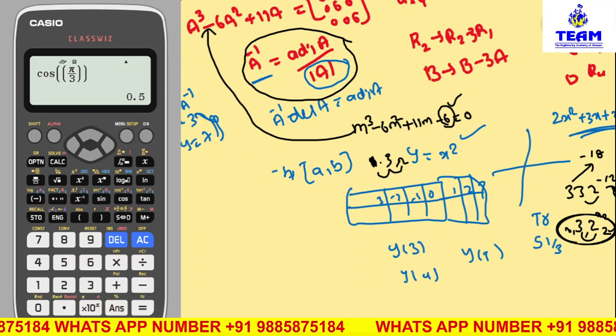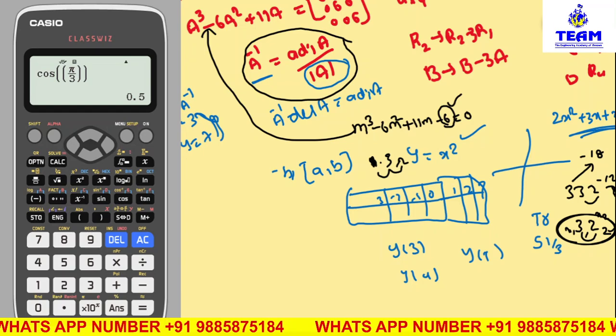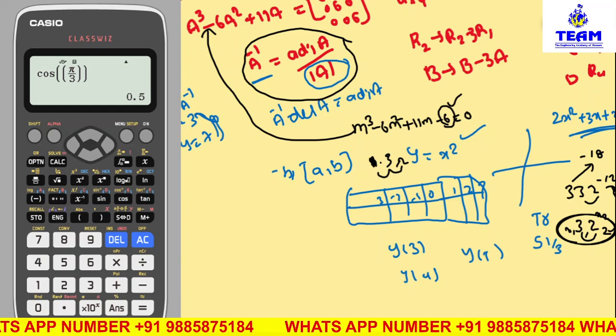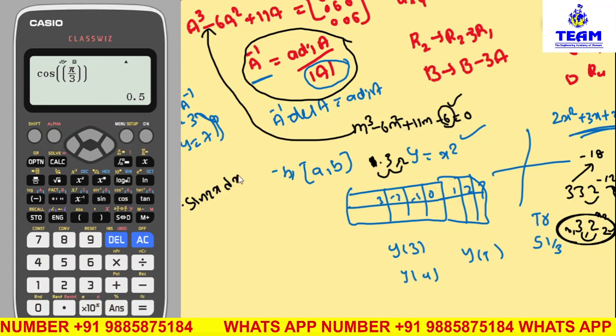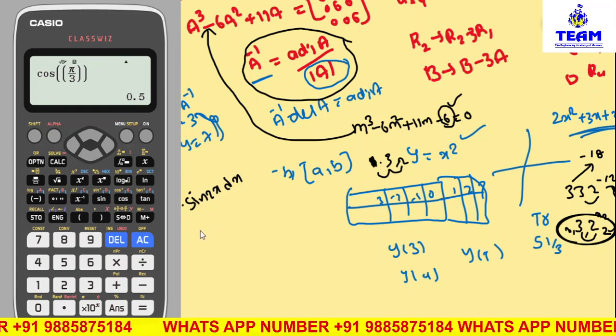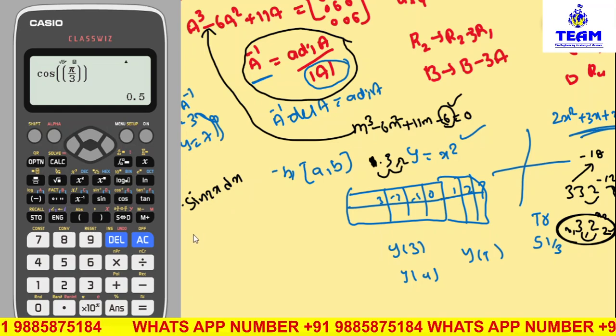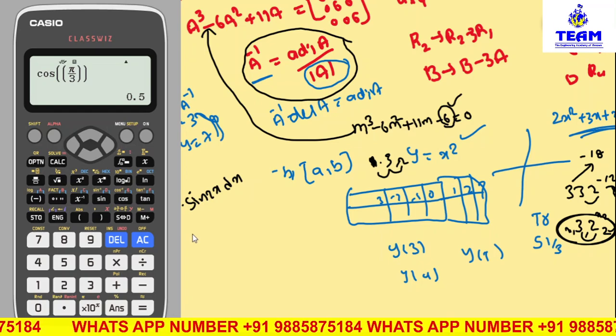You see, friends, the integral from 0 to pi by 2 of cos x into sin 2x dx, if this is given, friends, these all we get in vector calculus. In vector calculus, we have differentiation and integration.